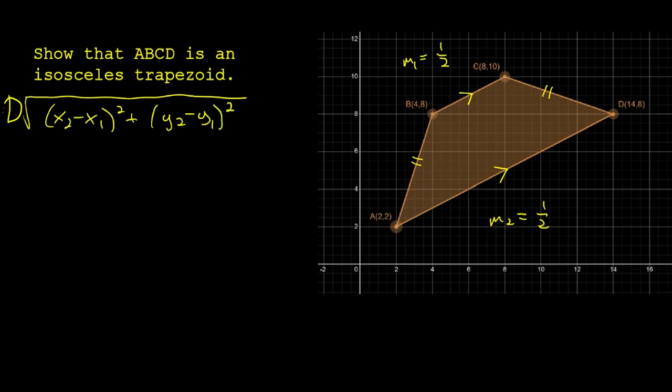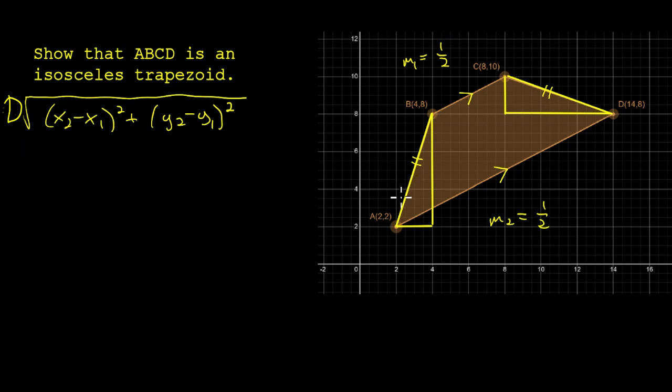Now you might notice that this looks a lot like Pythagorean Theorem. And if you are seeing that, you are correct. One way to think about distance formula is Pythagorean Theorem. So we go there and we go here, and that is the hypotenuse of the triangle. We can also go here and there, and that is the hypotenuse again of the triangle. If you can think of it this way, you'll never forget it.